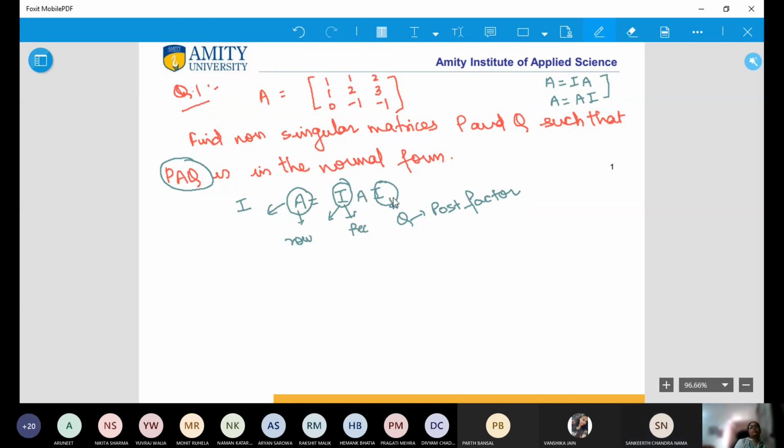Prefactor to A. Post factor to A. All row operations will be performed in prefactor and all column operations will be performed on post factor. And where will you perform these operations? To convert this A into I. After doing whatever you are doing on this side, you will get a matrix of this form where P and Q are non-singular matrices, and when they are applied on A, the output gives you I. Just remember this thing.